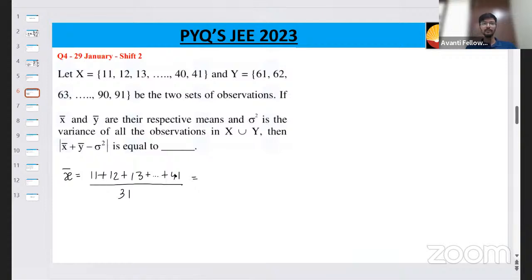So what is upper? Upper is AP. AP is n by 2 into first term plus last term upon 31. 31 will get cancelled. 41 plus 11 is 52 by 2, which is 26. Simply we got x bar. y bar will be 61 plus 62 and so on up to 91.